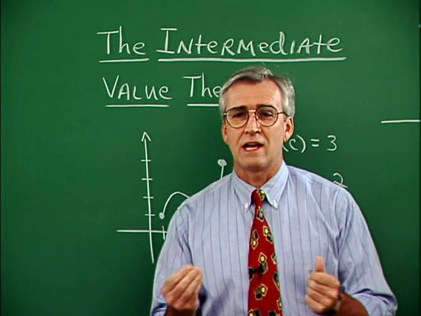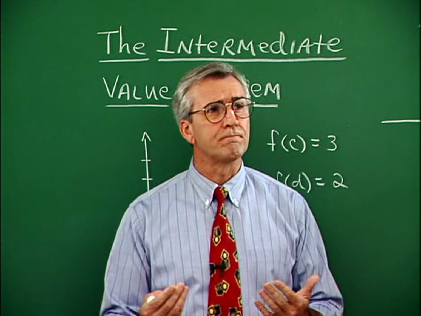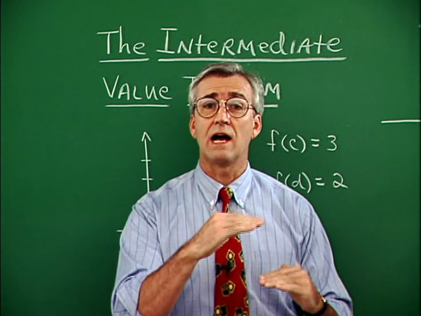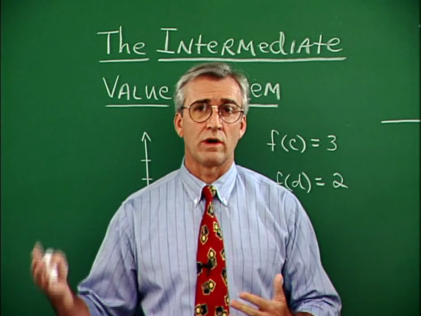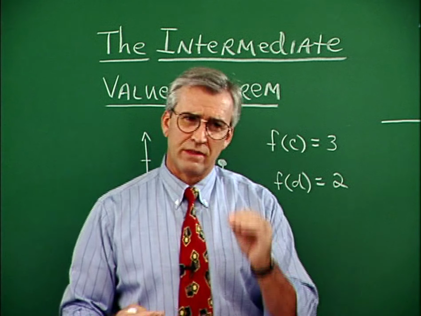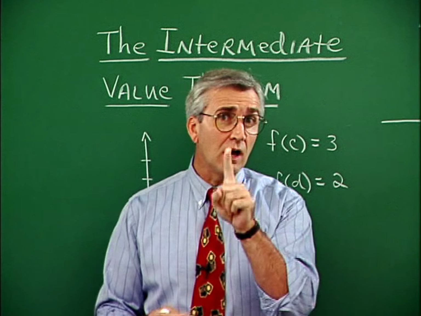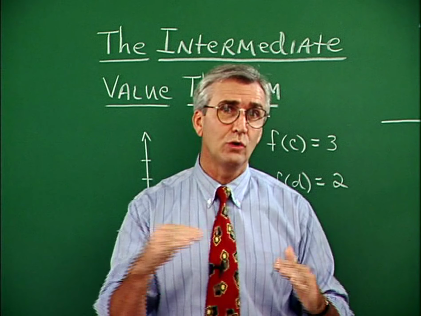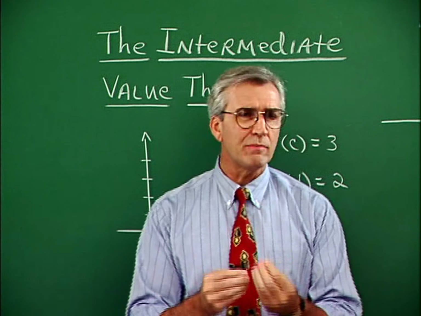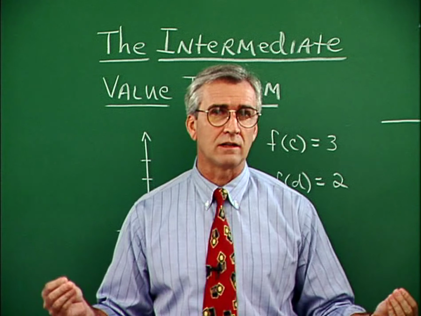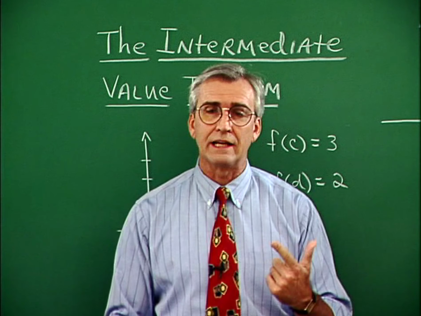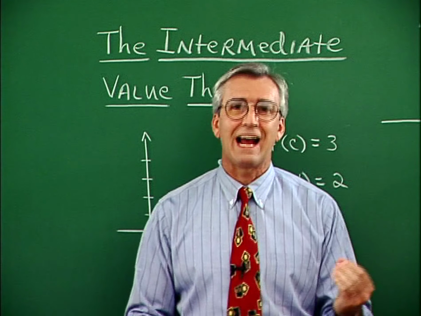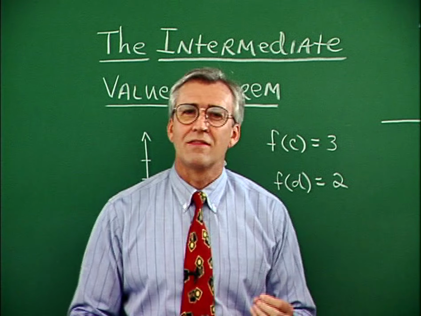The analogy is that if you're growing corn on a farm and at one time of the year the corn is 1 foot high and later on in the year the corn is 6 feet high, then there must have been a day, because corn grows continuously, on which the corn was exactly 3 feet tall. And then there was another day on which it was exactly 4 feet tall, you see. And that's the idea here.